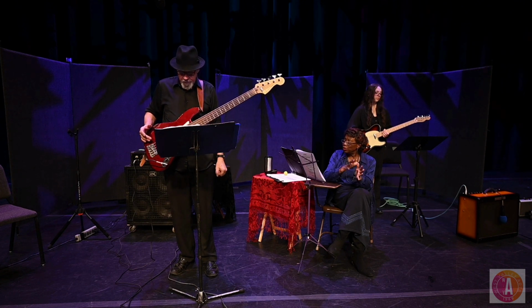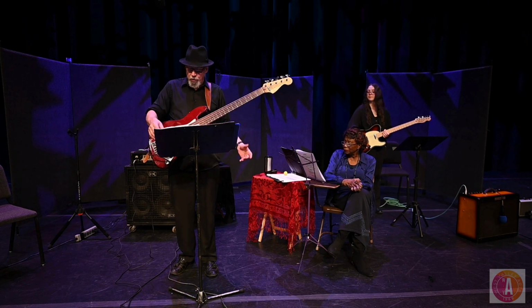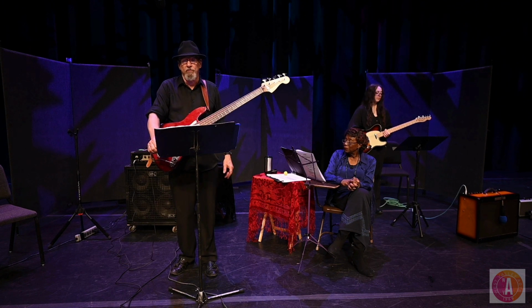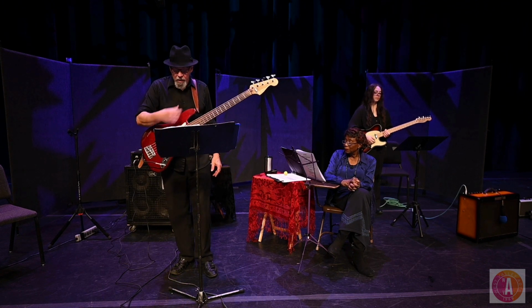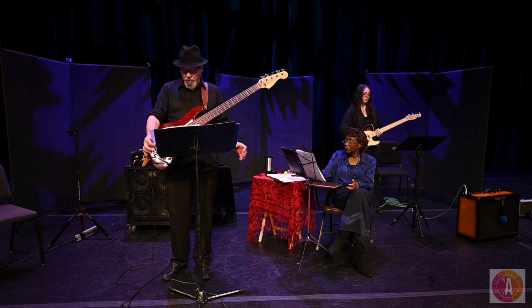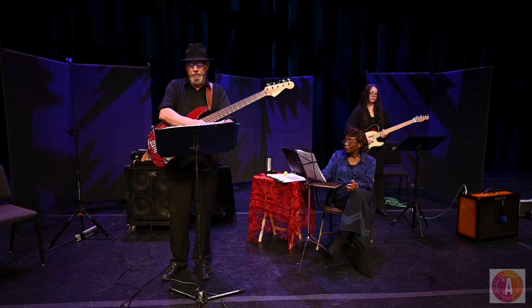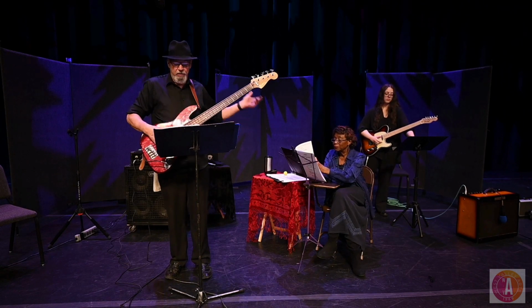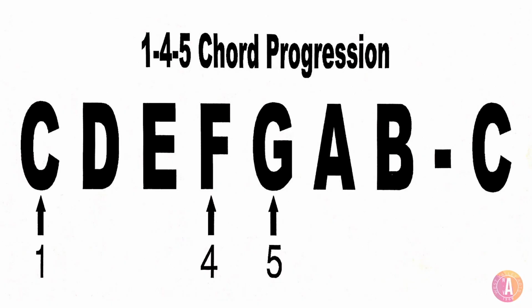Now, Ray, what is so special about the blues? Well, blues is known for introducing the 1-4-5 chord progression. This progression has been used for millions and millions of songs in all styles of popular music. Now, Shannon, play me a C chord. Now, counting up the alphabet, we need to find the 4th interval, which would be C, D, E, F. Shannon?